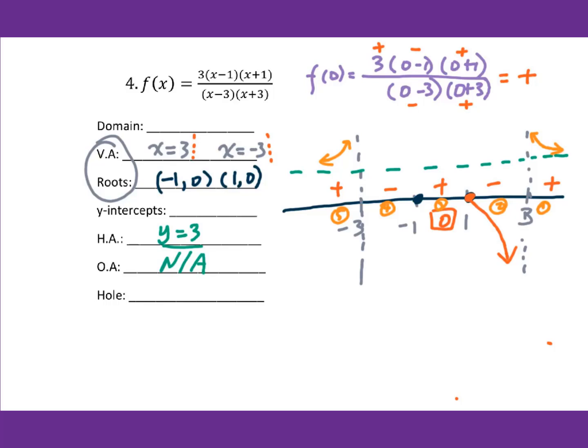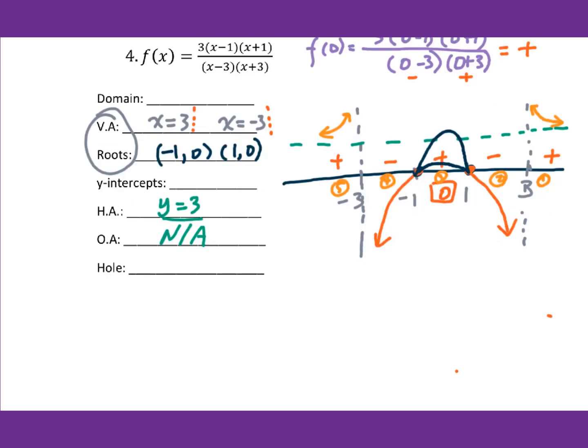For interval 4, this is the points going down like this. But between negative 1 and 1, is the graph passing through this horizontal asymptote line or not? You have to figure that out. Either the graph is this or the graph like this. You need to check which is the correct answer.